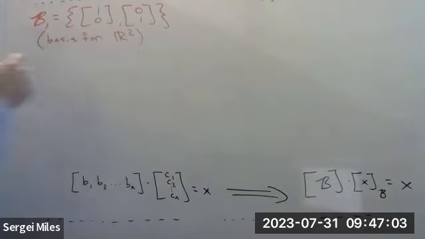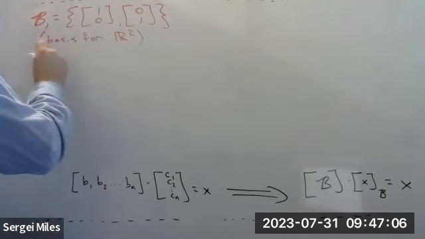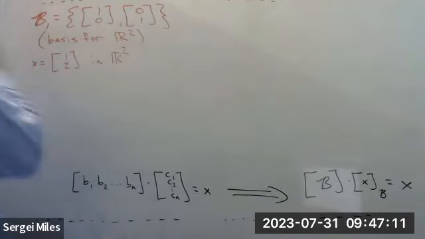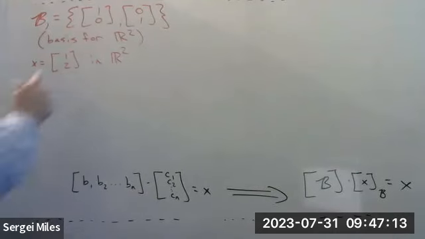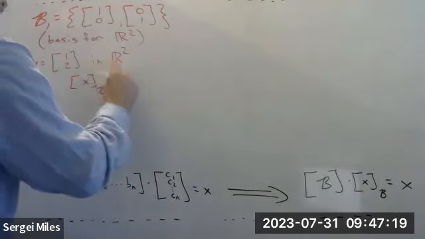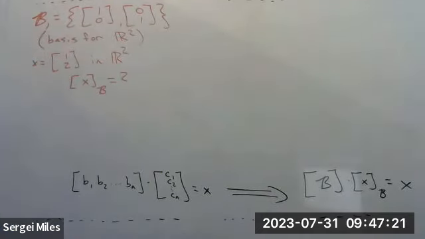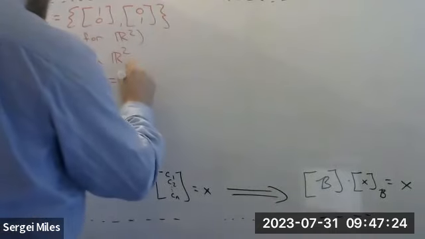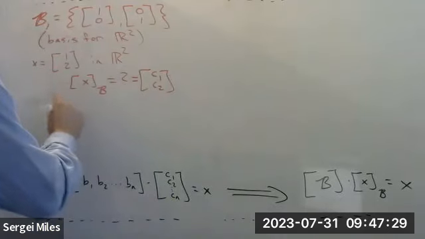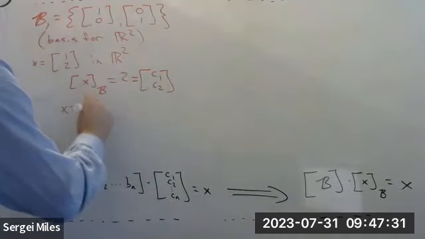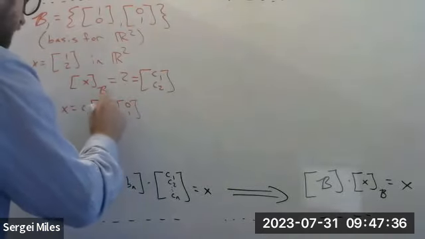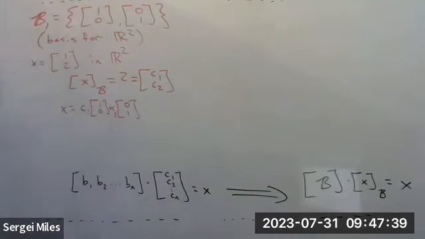Okay, and then let X equal 1, 2 in R2. Okay, so we could ask the question, what is X in terms of this basis? How do we solve that question? This is the same thing as saying, all right, we want to find out what are the scalars, what is the linear combination of the first basis vector and the second basis vector that results in X.